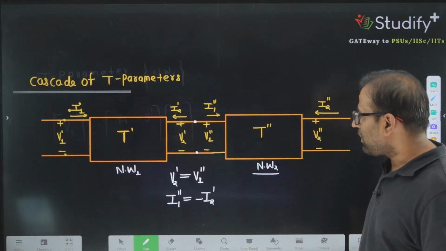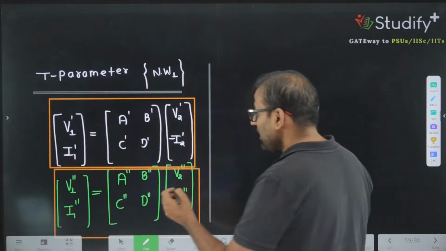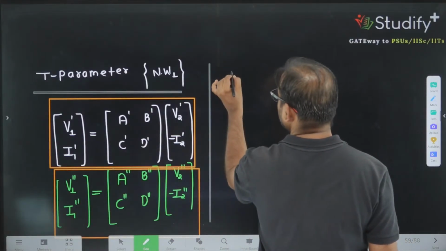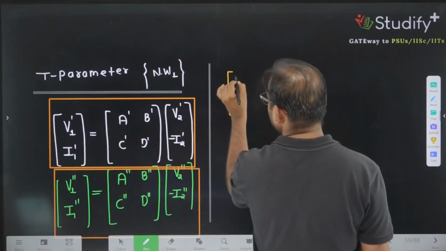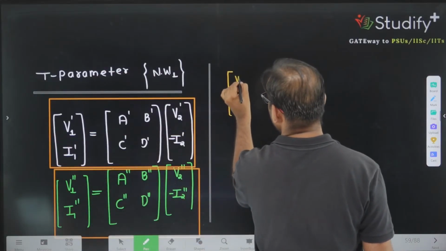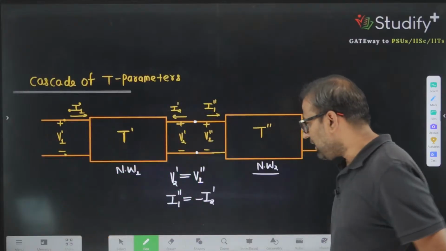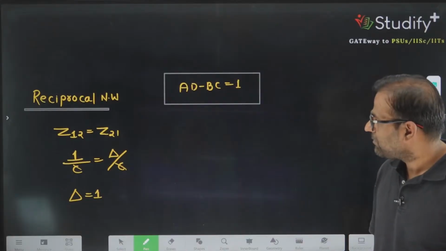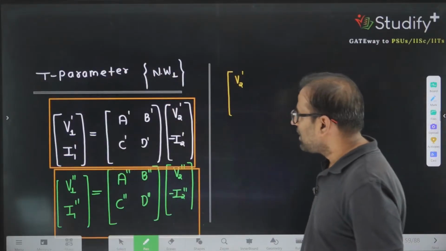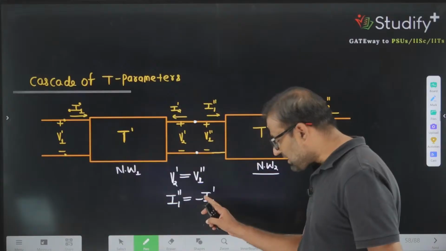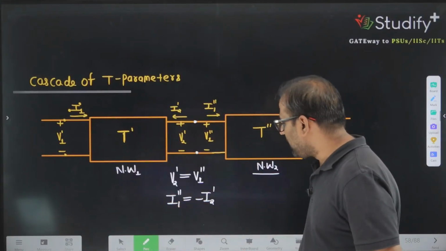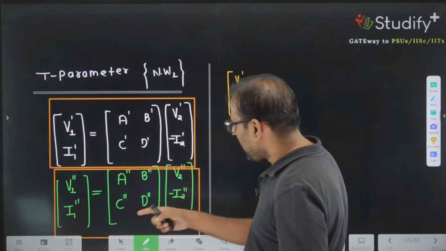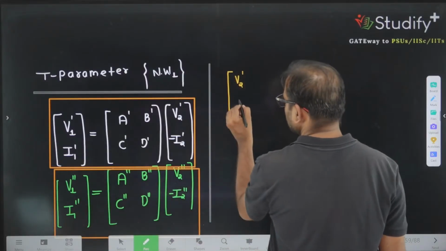So can I say V1 double prime can be written as V2 prime? Fine. And minus I2 prime is equivalent to I1 double prime, so I1 double prime can be written as minus of I2 prime.